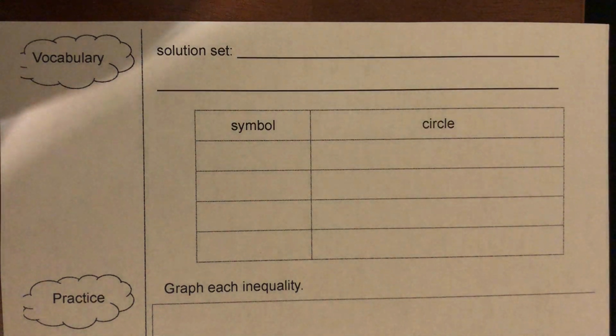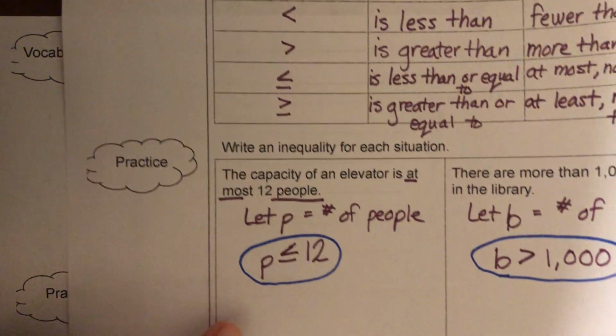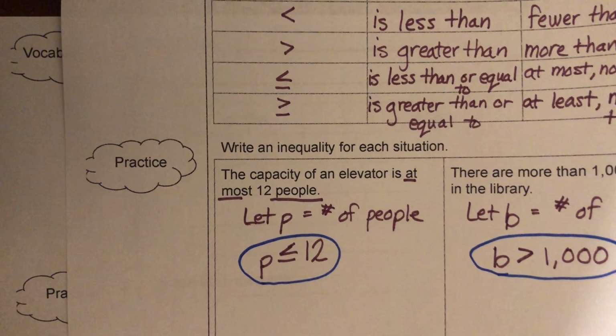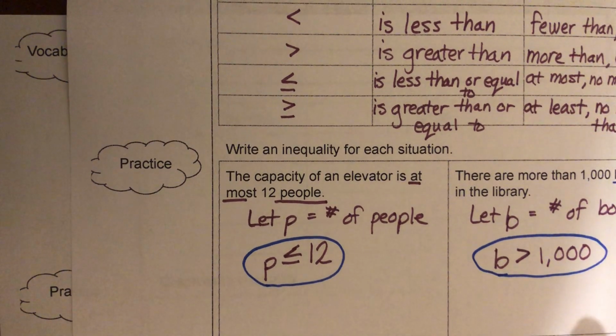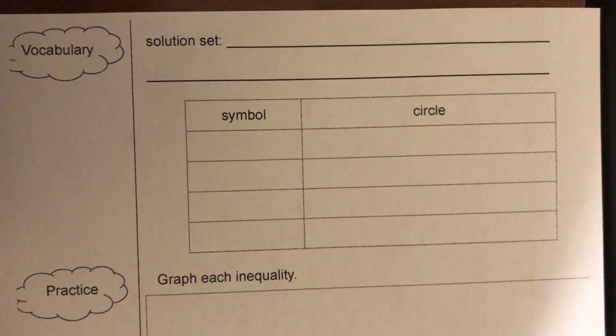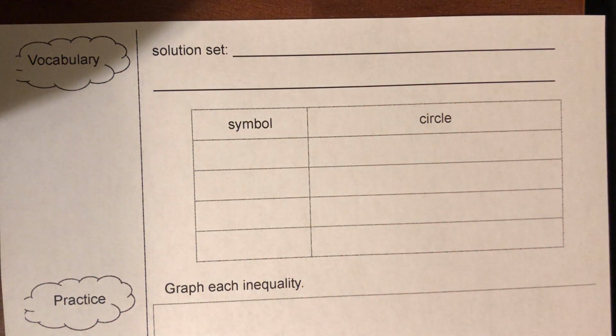If you look back at this page right here, it says the capacity of the elevator is at most 12 people. Well, you could have no people in the elevator. You could have 1, 2, 3, 4, 5, 6, all the way up to 12 people in that elevator. So that's why we call it a solution set. It's not just one answer, it's a series of answers that all work for that problem.